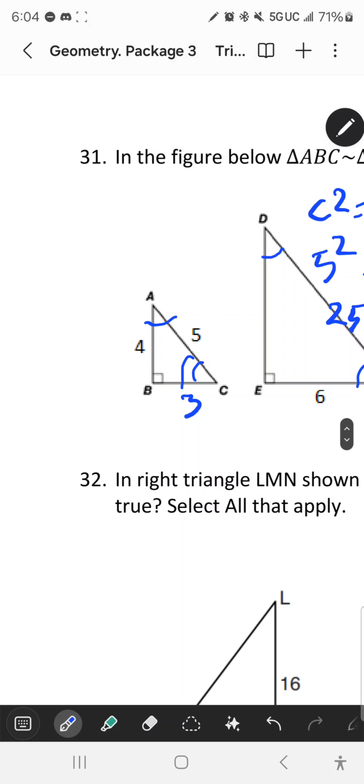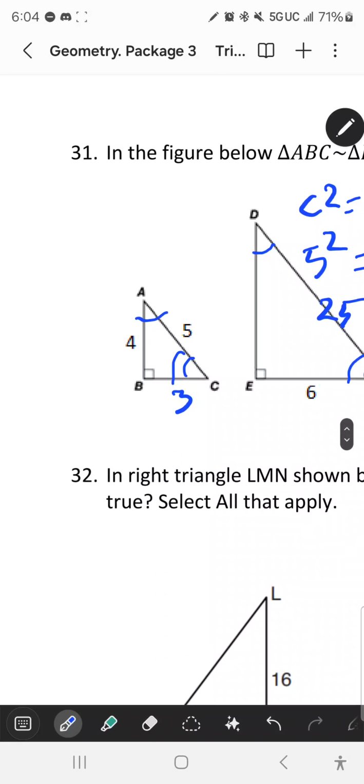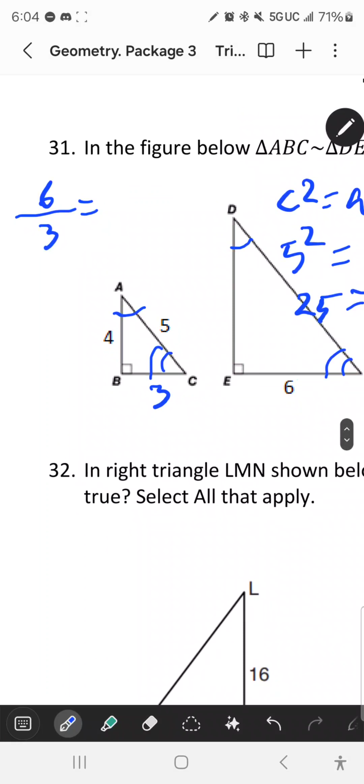So I have this, I know that this side is 3, and now I know that this side is 6. So I will say, okay, the short line is equivalent to the short line of this triangle as the long line is equivalent to the long line of the triangle. So the long line will be x, is equivalent to the long line here, which is 5.